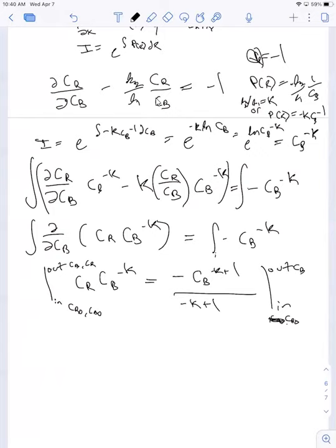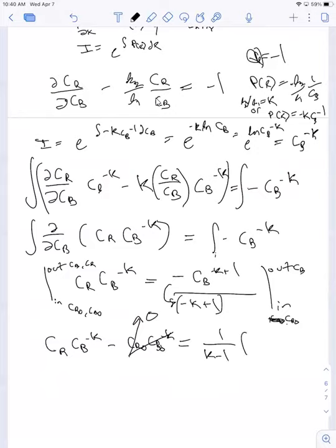All right, so we can do CR times CB to the -K minus CR0 CB0 to the -K, and this is going to equal 0, so this term just goes away, and that then equals, so I'm just going to move this in there to be K minus 1, and then we can multiply that by our CB to the negative K plus 1 minus CB0 to the negative K plus 1.